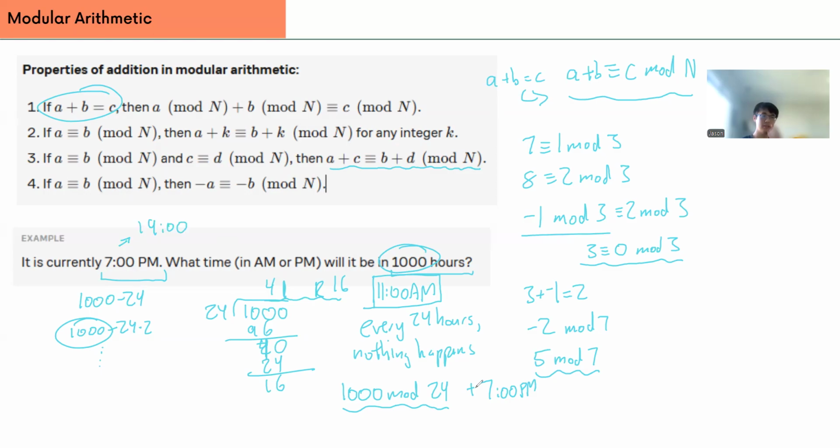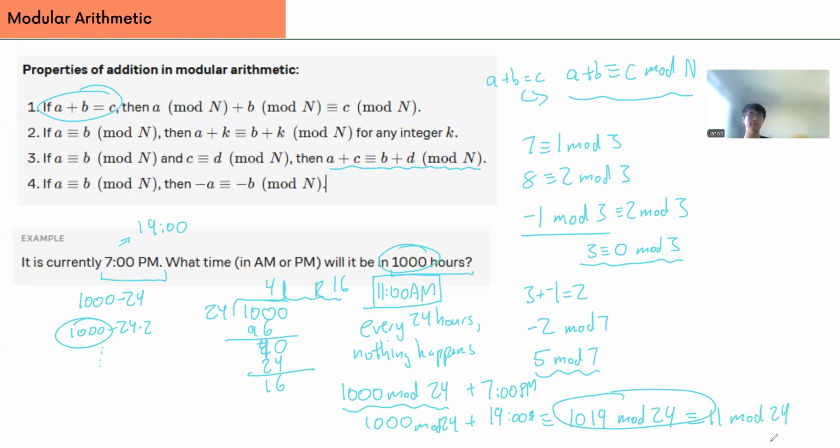So basically what we're doing is 1000 mod 24 plus 19 o'clock, and essentially this is 1019 mod 24. So this is actually the answer that we're looking for. Since this is congruent to 11 mod 24, our answer is just 11 o'clock a.m.